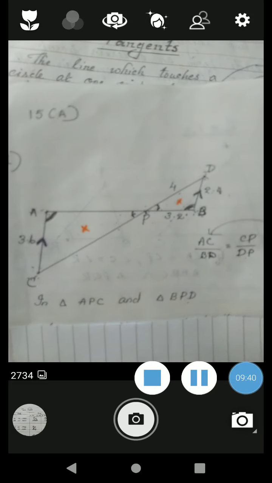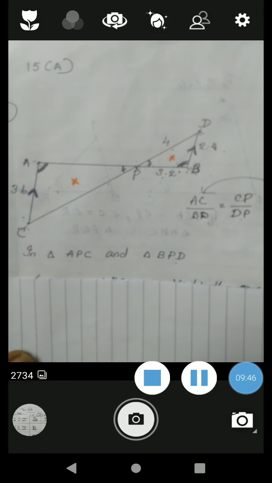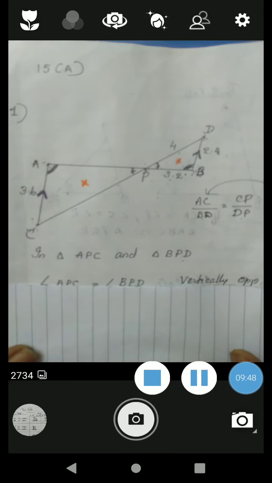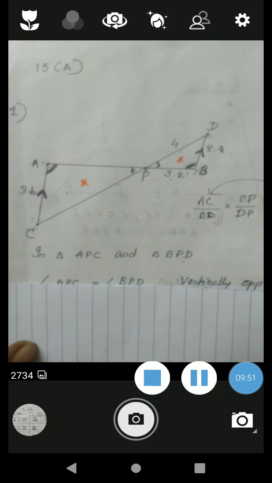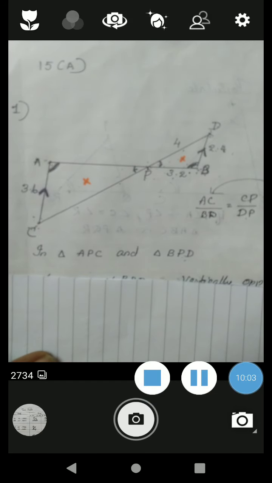Now we can do one question. That is exercise 15A, first question. In the figure given below, straight lines AB and CD intersect at P and AC is parallel to BD. Prove that triangle APC and triangle BPD are similar.